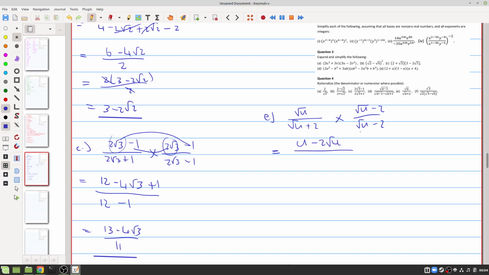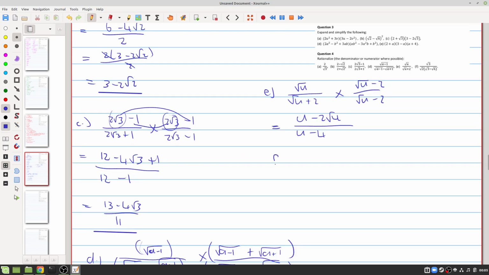At the bottom, square root u times square root u is u. So plus 2 square root u minus 2 square root u will cancel out again. And then 2 times negative 2 is negative 4. Okay, bottom is rationalized.